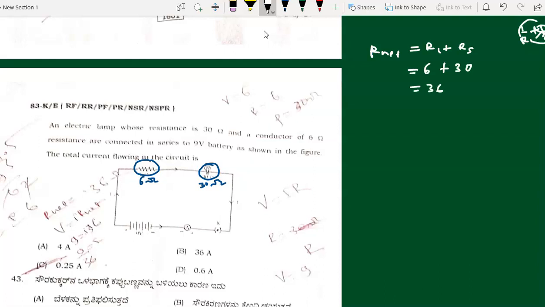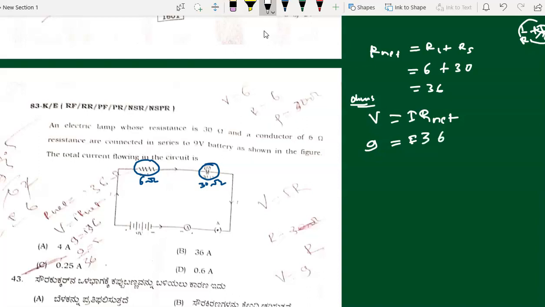Now the current flowing in this circuit we have to find out. We know by Ohm's law, which states the relation between the voltage, current and the resistance, that V equals IR. Here we know the potential difference across this circuit, that is given as 9 volt, and this is the total resistance. We can apply Ohm's law for the whole circuit, or we can apply Ohm's law for parts of the circuit.